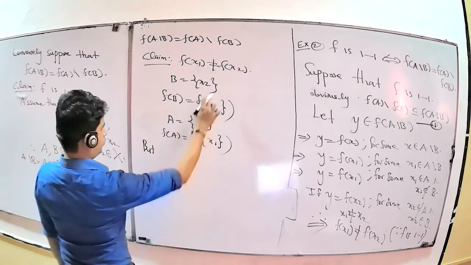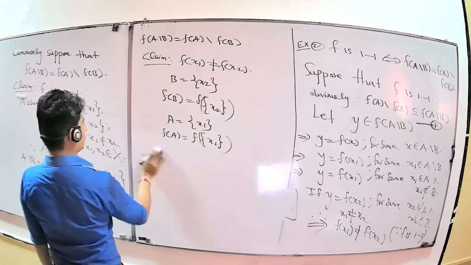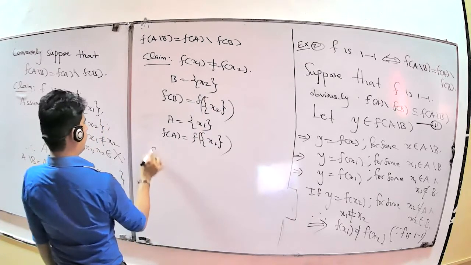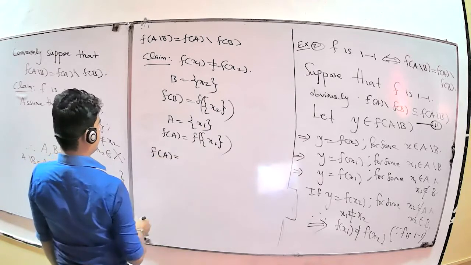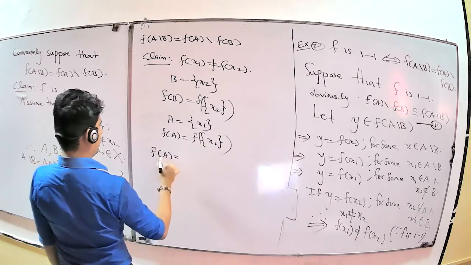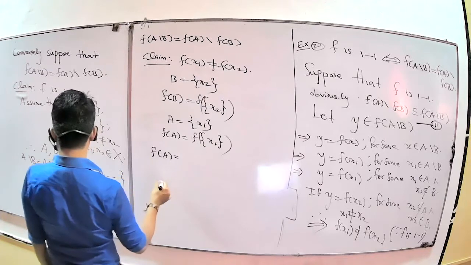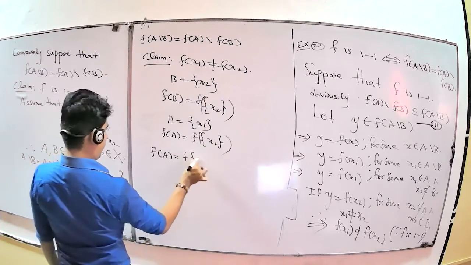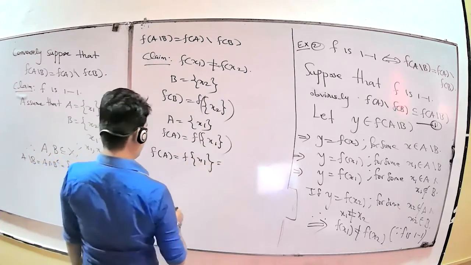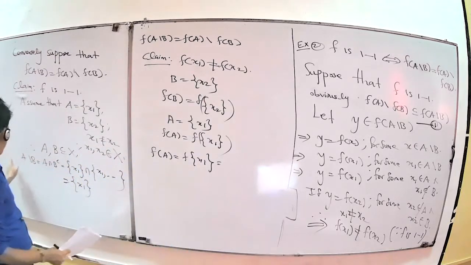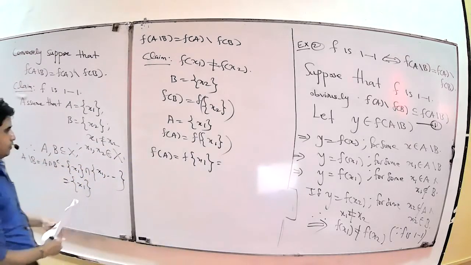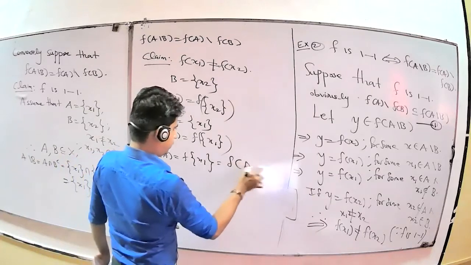Now you want to show that both are not equal. F of A, you know that, f of x1. Taking f on both sides, f of A minus B equals f of x1.